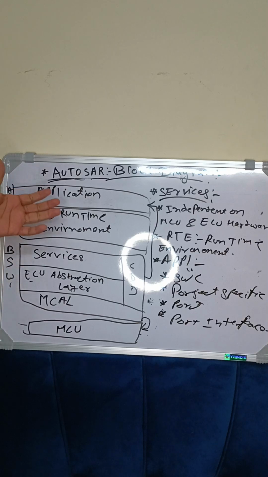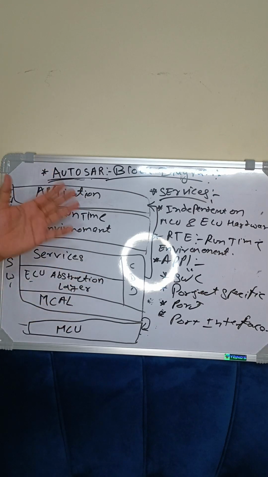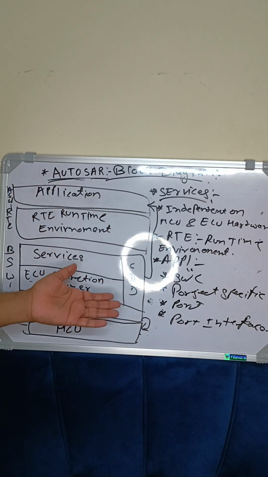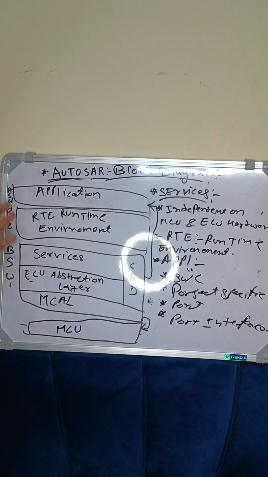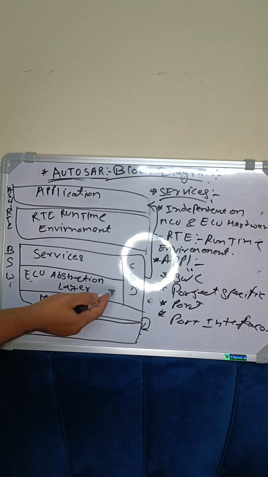Once again I will explain. Autosar is the Automotive Open System Architecture, a standard layer architecture, and it keeps software and hardware independent. Basically it is used in the automotive domain. The architecture goes from bottom layer to top layer: MCU, then MCAL, ECU abstraction layer, CDD, then services.